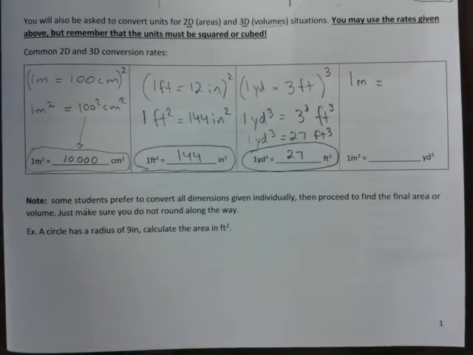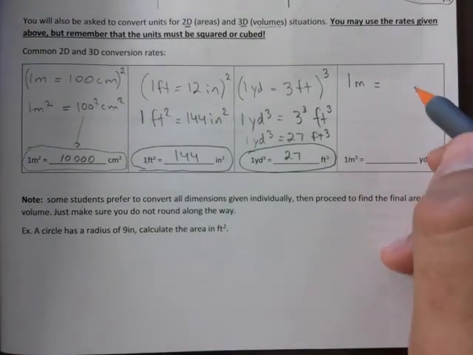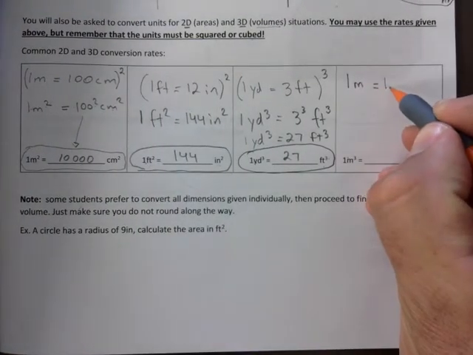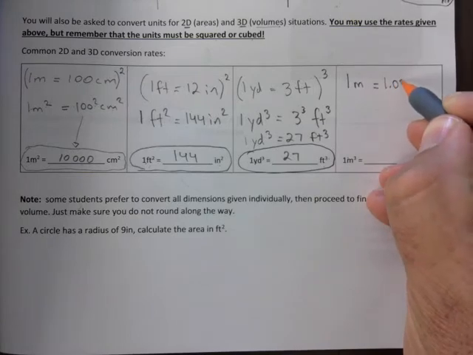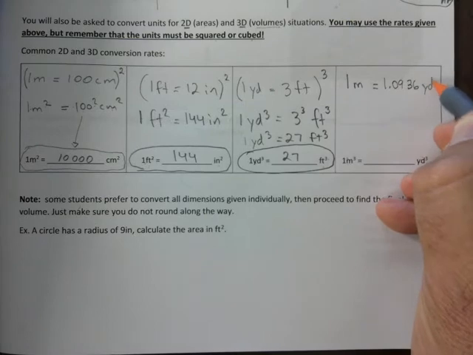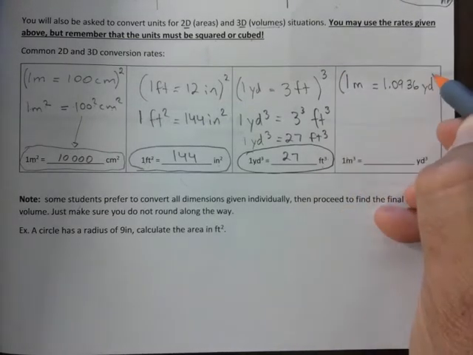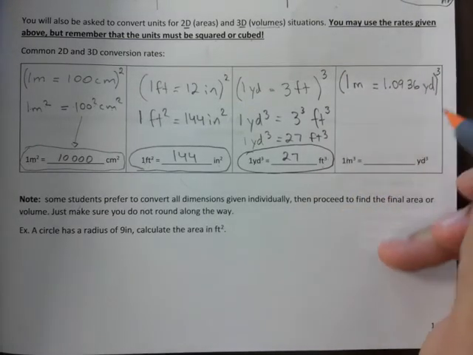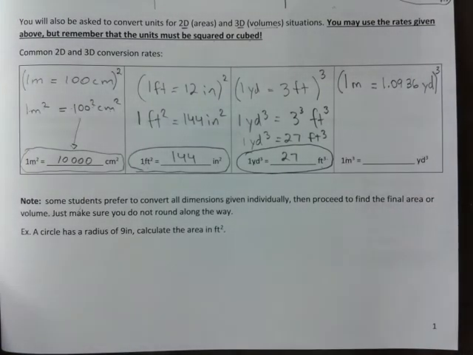I'll fix that. Hold on. One meter is 1.0936 of a yard. Don't worry about it too much. It's not in your thing. Don't worry about this one. I just wanted to do one more.